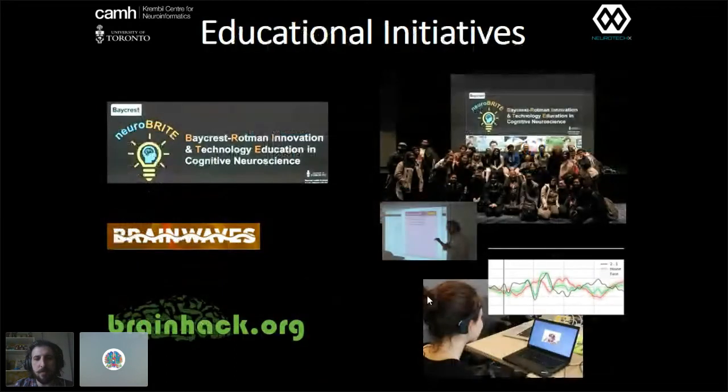And another thing is actually going back a little bit now, but this also was what brought me into the project to a large extent, is educational initiatives. A few years ago now, we ran a project in some schools in Toronto called NeuroBright. That was basically a bunch of us volunteers at Baycrest, which is where I was working at the time.